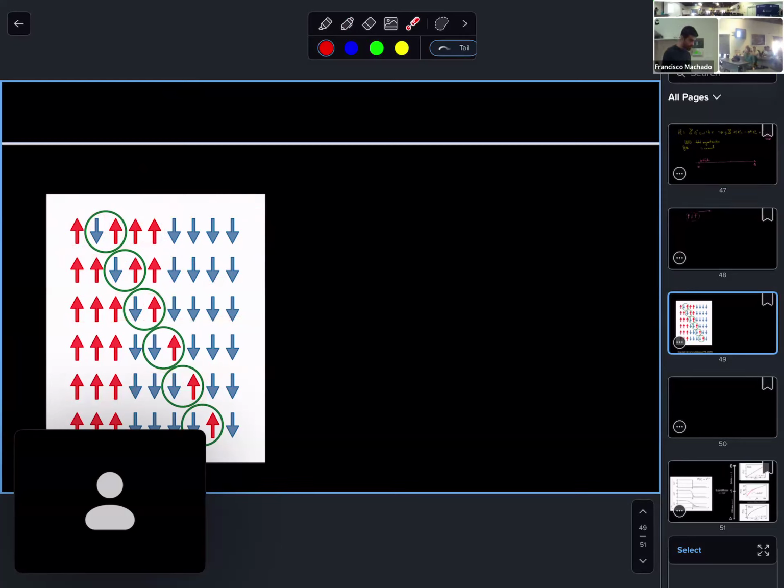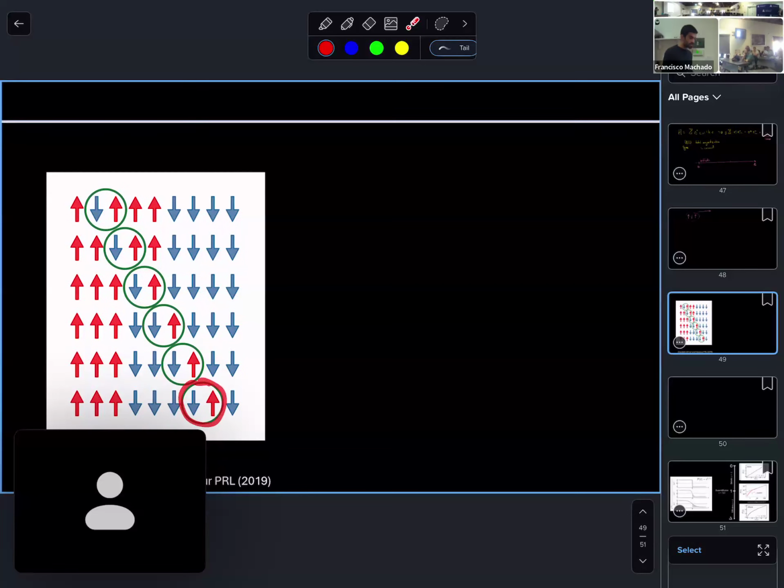But what happened was twofold: now instead of moving a spin down in a sea of spin ups, I'm moving a spin up in a sea of spin downs. So even though these particles are moving ballistically, if I average over the entire system, I'm actually not carrying any magnetization ballistically. But what I'm doing is I've effectively shifted the location of this domain wall by a little bit.